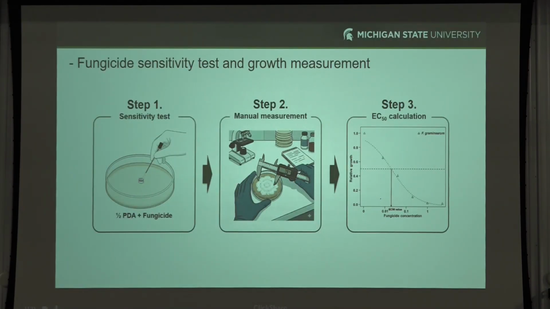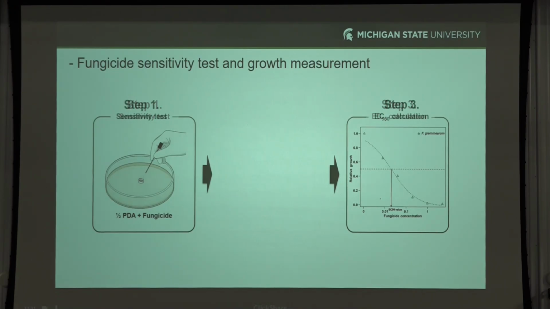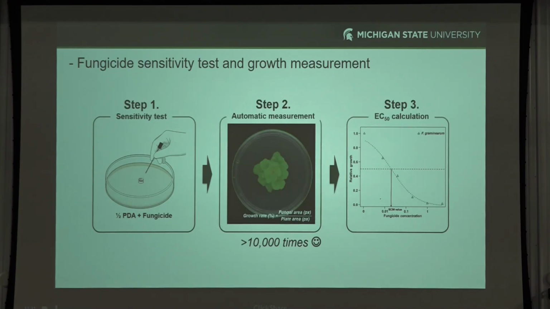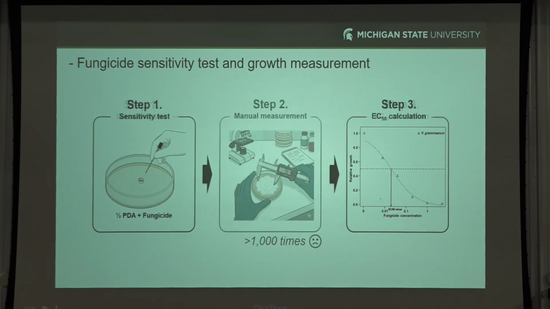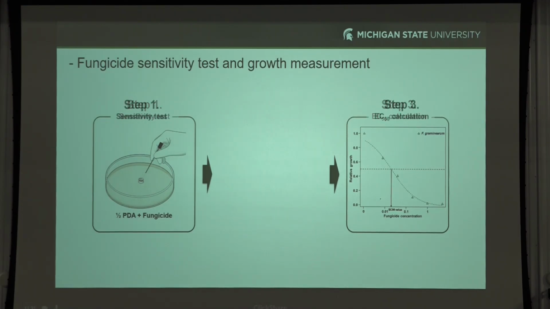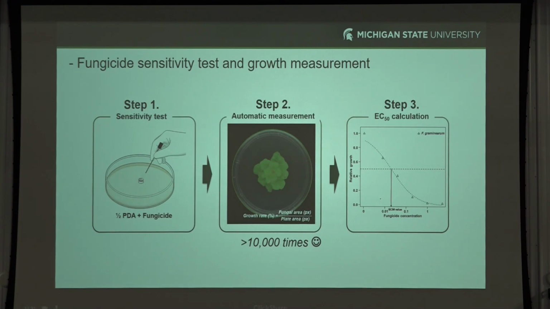So in the lab, we are doing quite a bit of testing, and this is typically how we do it. We culture the fusarium or whatever it is we're interested in. We do some measurements, and now we're using some AI techniques to do some of these measurements, because in the past we would use calipers, and it's pretty time-consuming and not particularly easy, especially with these funky-shaped growths that we often get from some of these species. So we're using some AI image recognition to look at how much things grow when we put different amounts of fungicide in the plate.